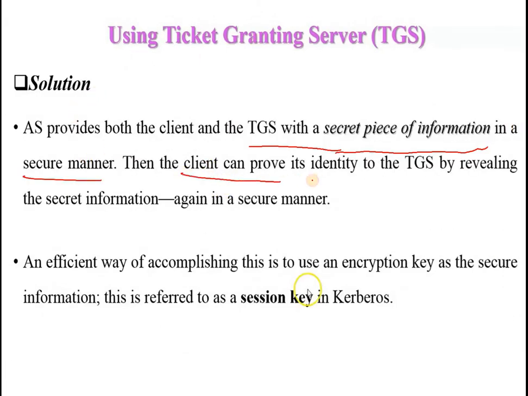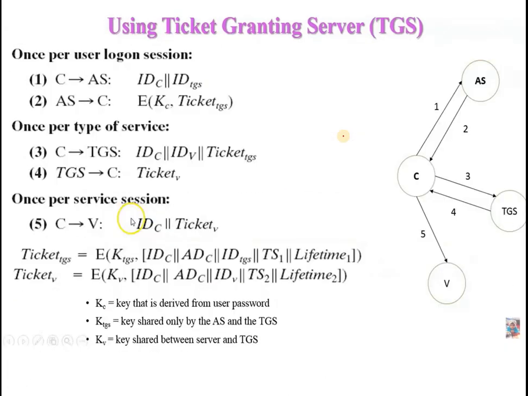Then the client can prove its identity to the TGS by revealing the secret information again in a secure manner. When the client receives that secret piece of information, it has to share it with the TGS in a secure manner. Then the client will get authentication.